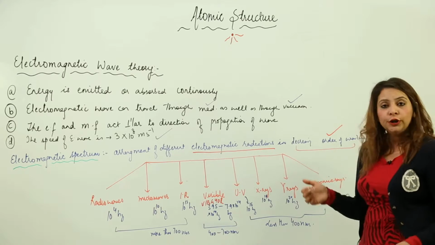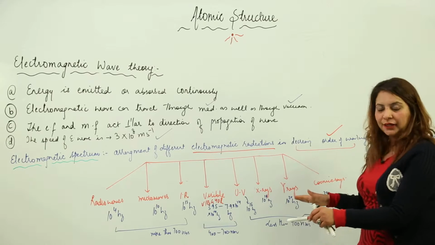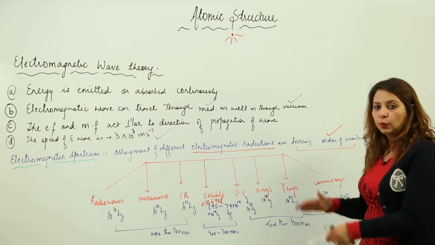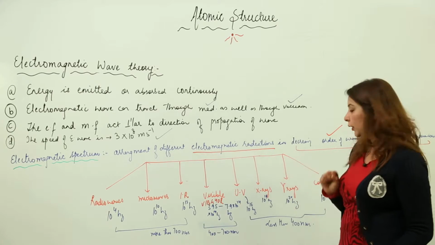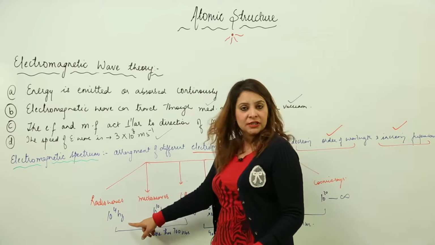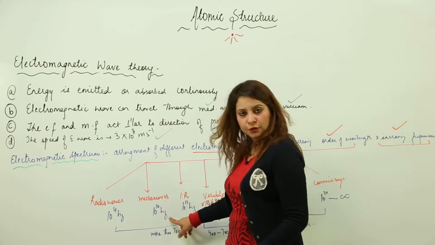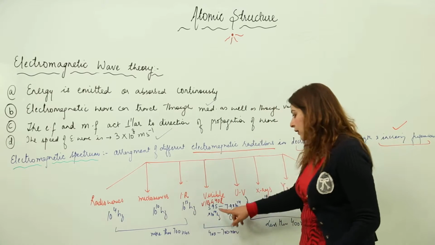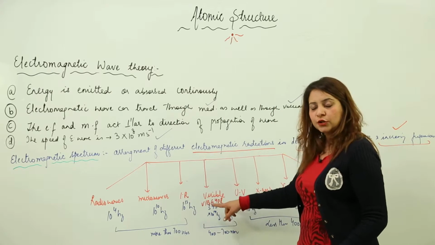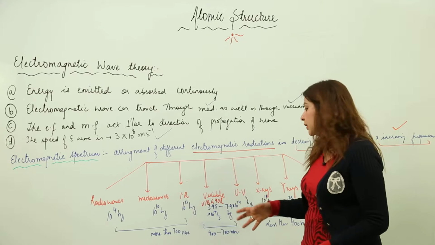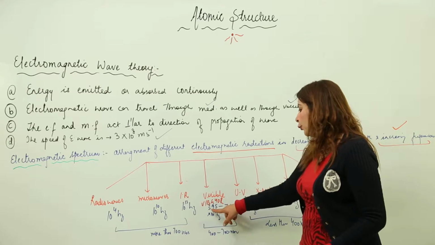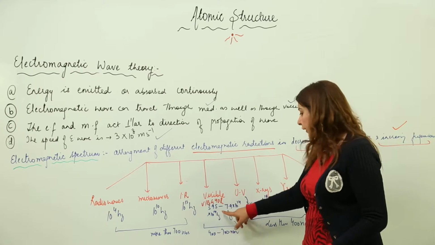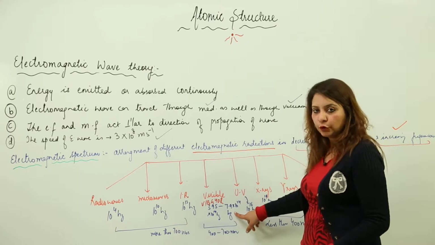Now, I have arranged these radiations according to increasing frequencies. So just take a look at the frequency. Radio waves range from 10 raised to power 4 Hertz to 10 raised to power 13. The visible region is a combination of many radiations, so it ranges from 3.95 into 10 raised to power 14 to 7.9 into 10 raised to power 14 Hertz.